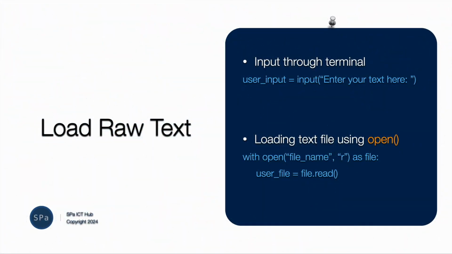These are the methods by which we can load the raw text into the program or code that will help us tokenize the text. The first method is input through terminal. The mode of this tutorial is to check the technical and go into coding it.